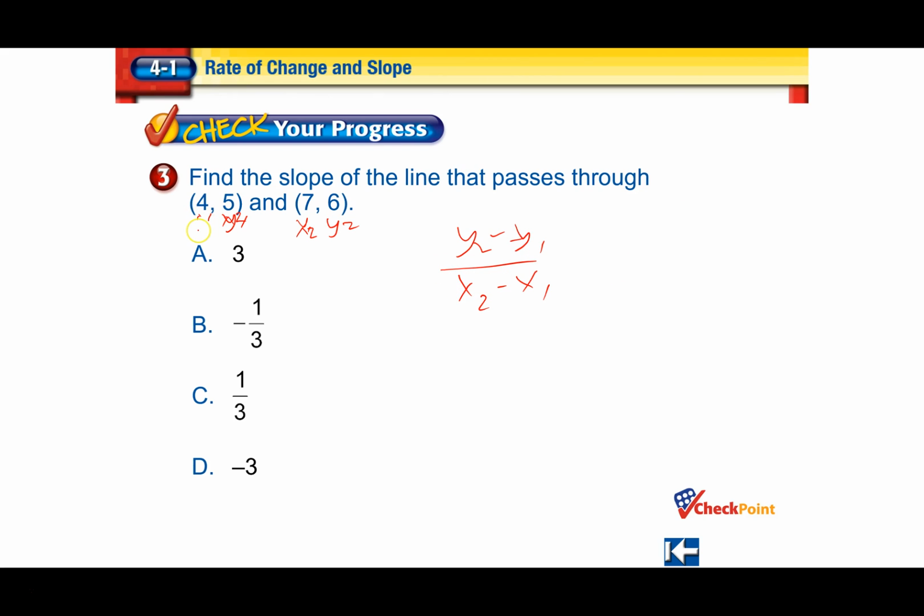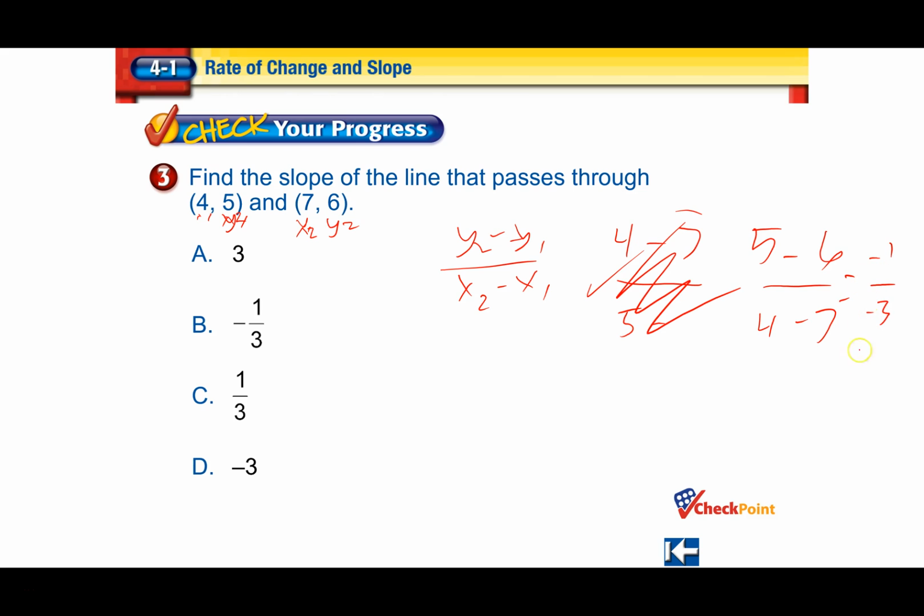Oops, I did that backwards. Do y first. So y is 5 minus 6 over 4 minus 7. That comes out to -1 over -3. Those negatives cancel each other out. Comes out to 1/3.